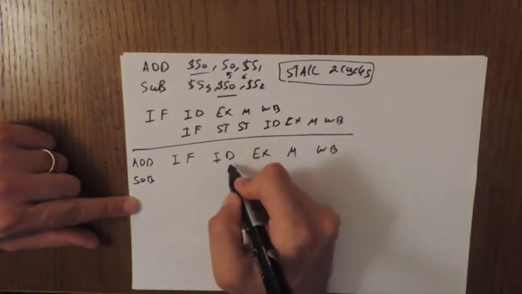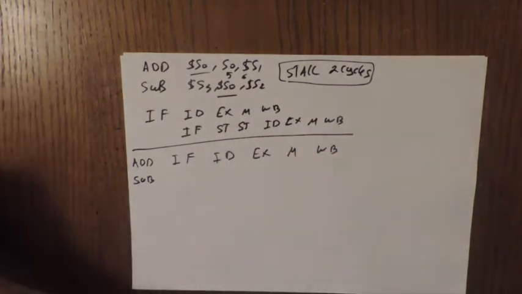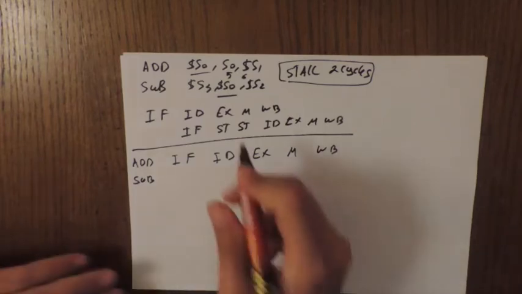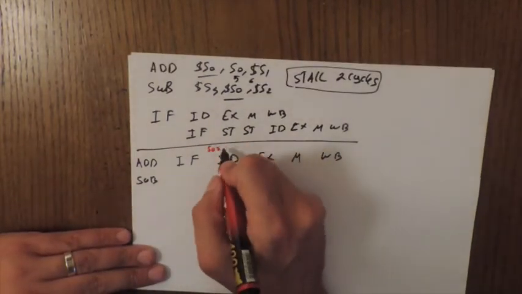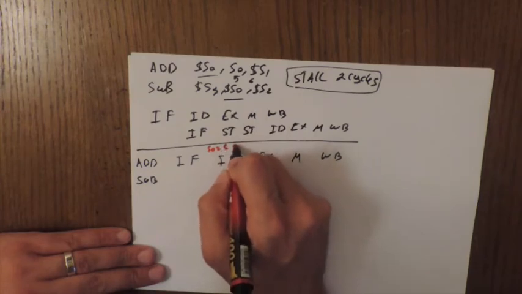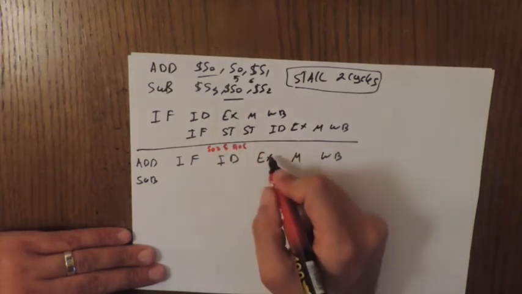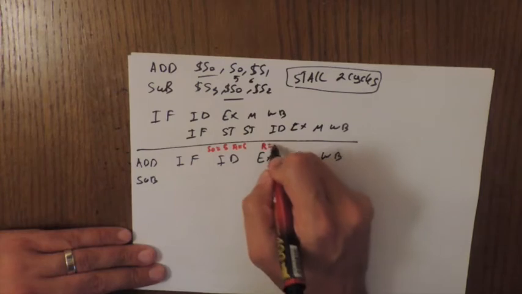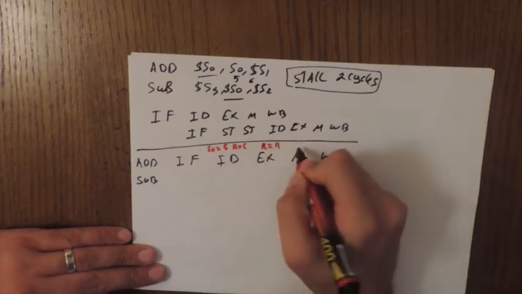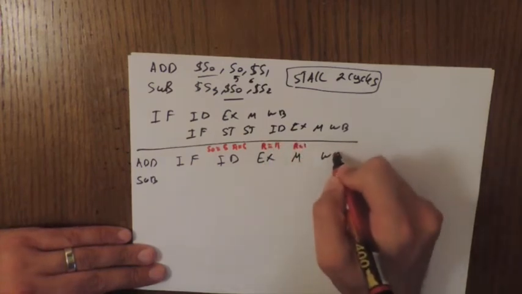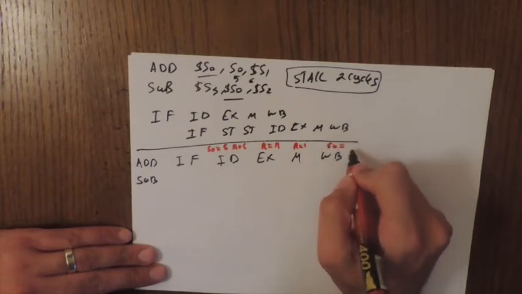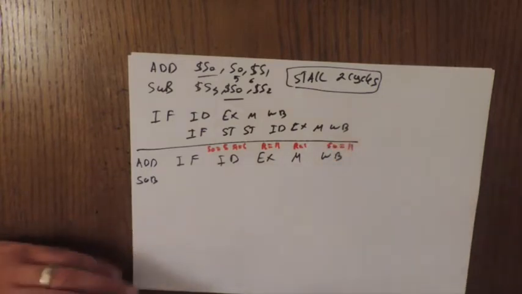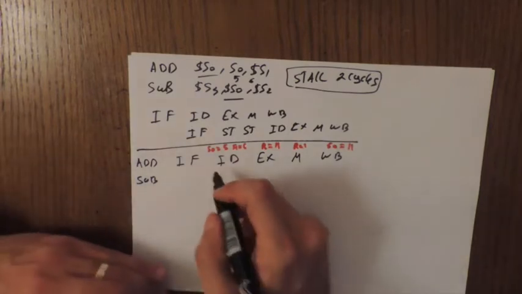So at the ID stage we have S0 equal 5 and S1 equal 6. At the EX we have the result is equal 11. Here the result is equal 11, and at the write back stage we say, okay, S0 is equal 11, right?